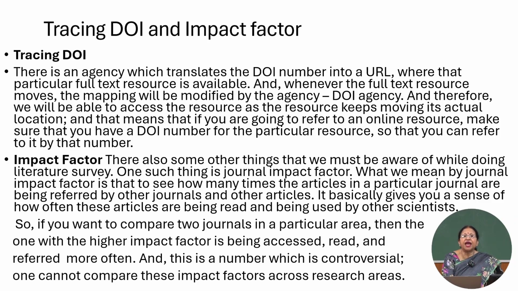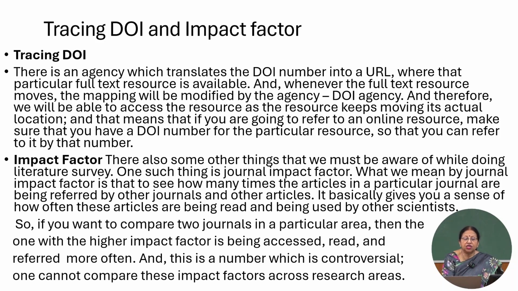Then comes impact factor. There are some other things that must be known to the researcher, things we must be aware of while doing a literature survey. One such thing is the journal's impact factor.